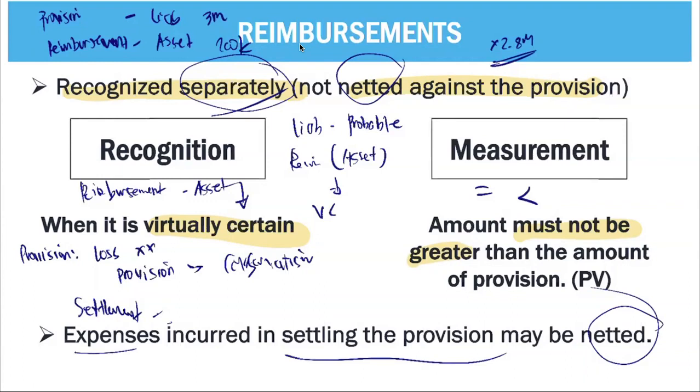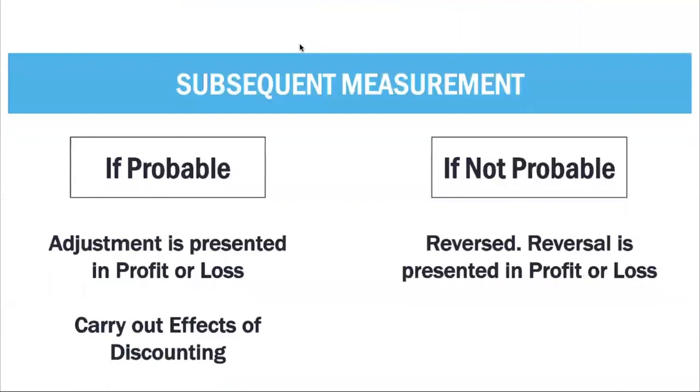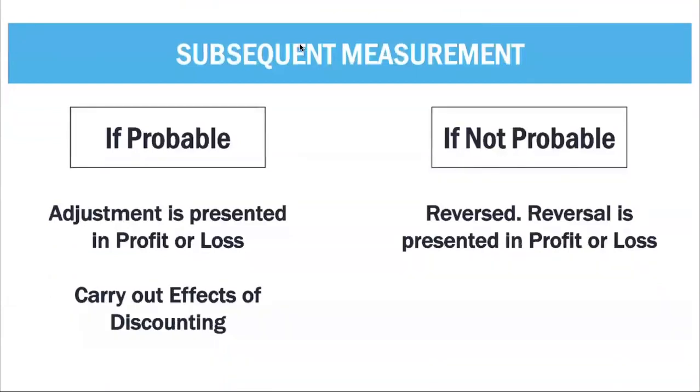Okay? So we're done now discussing your initial measurement. Let's proceed now to your subsequent measurement. Remember, we recognize a provision once there is a probability that a particular loss will occur. So we base it on the occurrence.